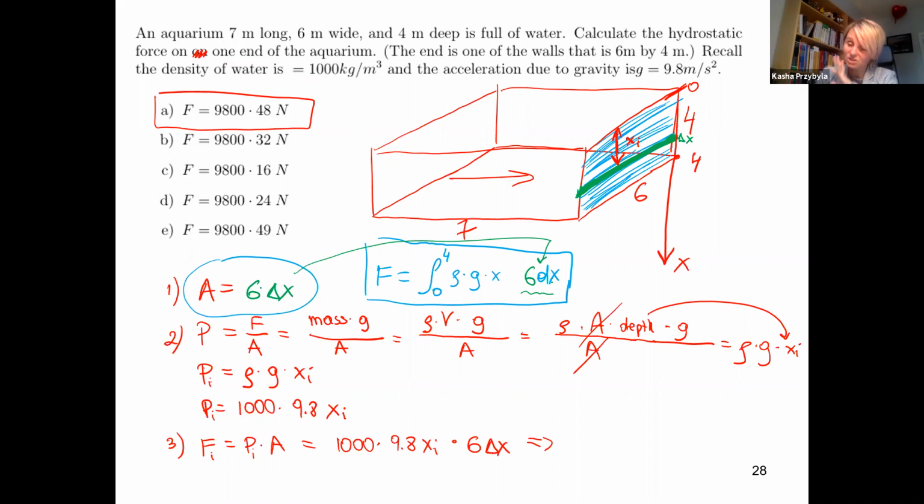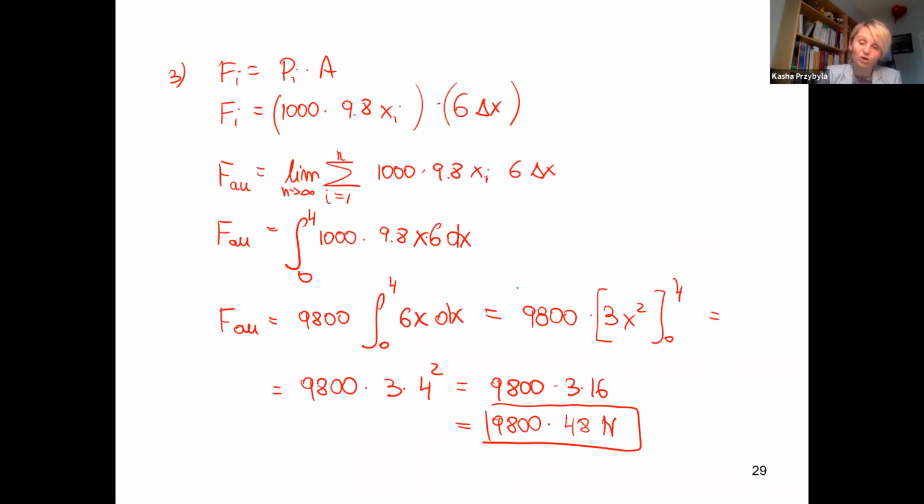Okay, that means the hydrostatic force will be just density times the acceleration due to gravity, x, the depth, and 6 times dx. Theoretically it's just this, but you have the nice step-by-step explanation. Of course, a beautiful Riemann sum integral, and that's the answer.